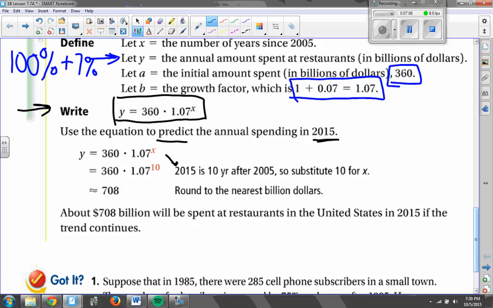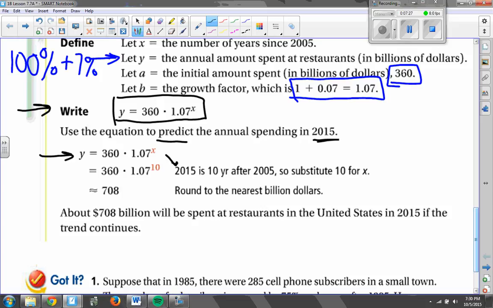All right? So instead of having 360 times 1.07 to the x power, now we know it's 360 times 1.07 to the 10th power. Okay? That's what we see in our second line. And then we do this on our calculator, and they are allowing us to round to the nearest billion of dollars.